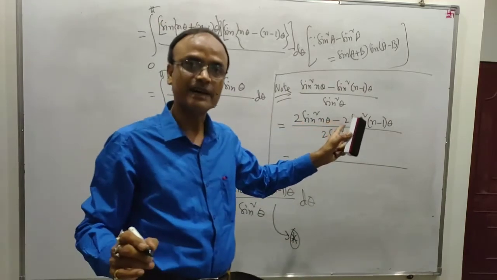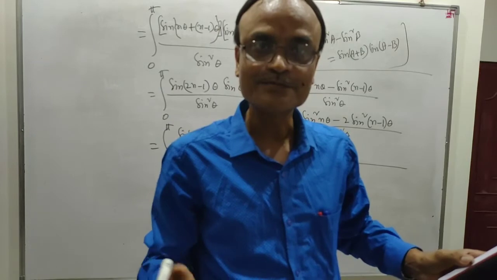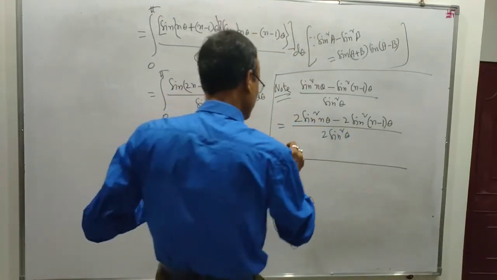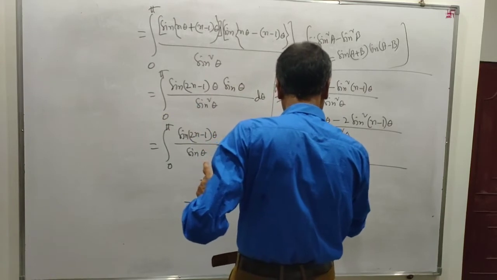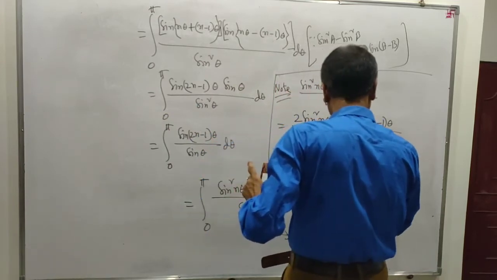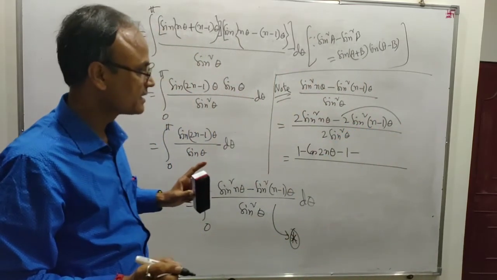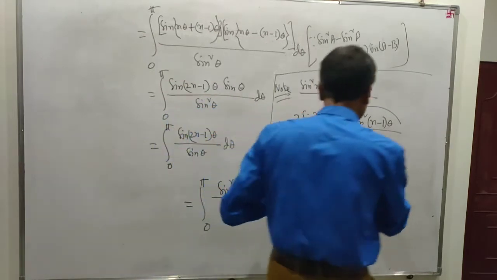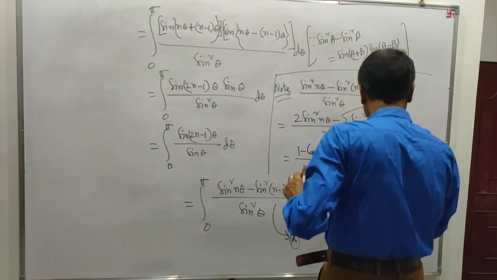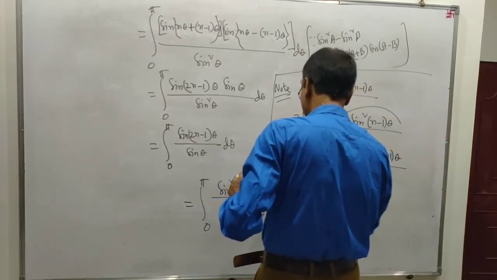Twice sin square theta is equal to 1 minus cos 2 theta. Here also 1 minus cos 2 theta can be applied. Minus is there, therefore you may write cos 2 times of n minus 1 theta divided by twice sin square theta. You may write like this.